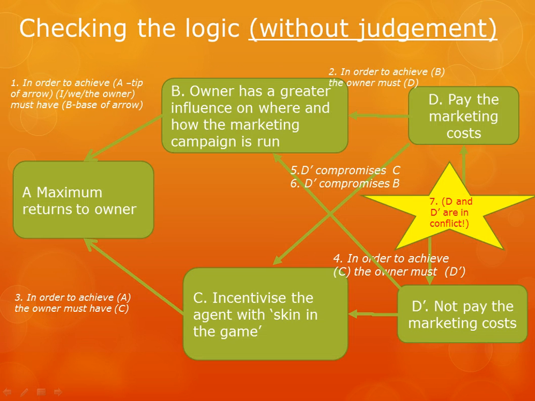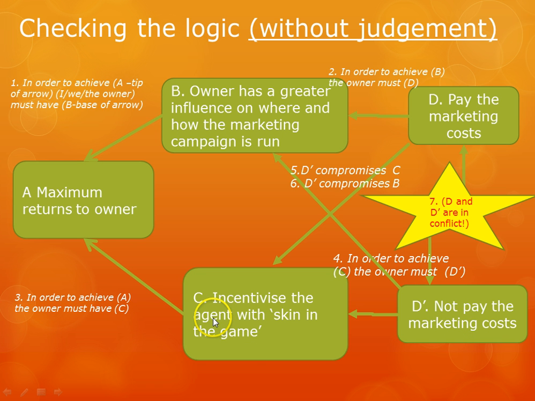If we look at the diagram itself, you can see that entity A, the common objective, has 2 relationships with B and C, and therefore A must satisfy both of those in order to be robust. But it becomes more complicated when we look at B and C, where B's relationship is not only with D and A, but also with D prime in terms of that compromise I talked about earlier.